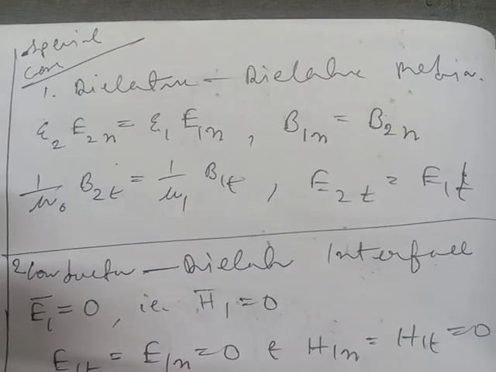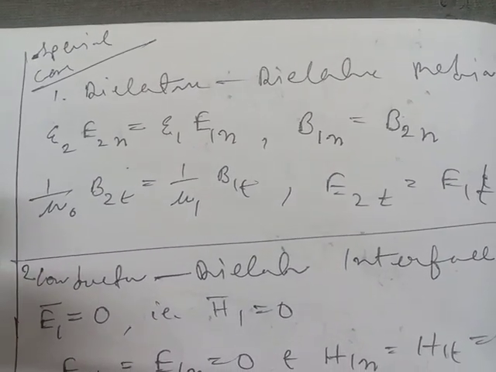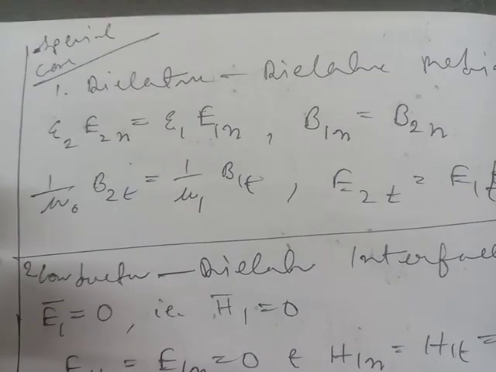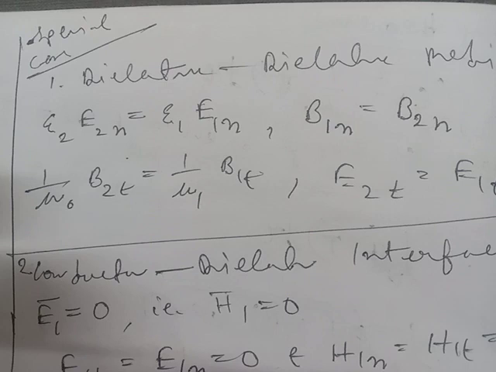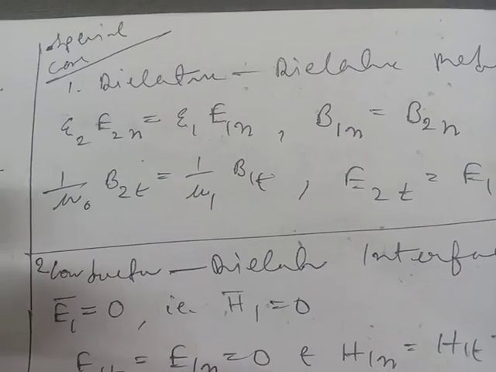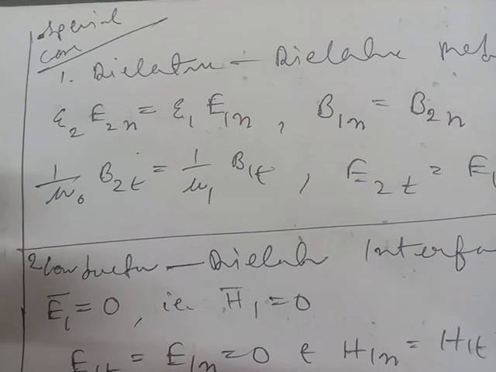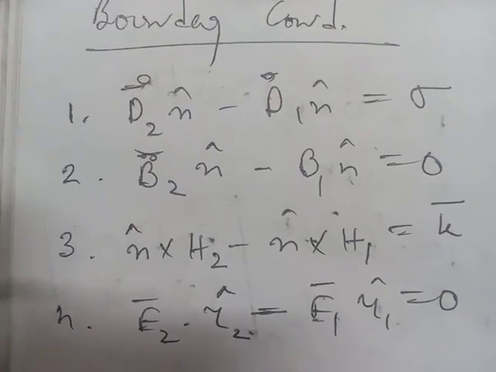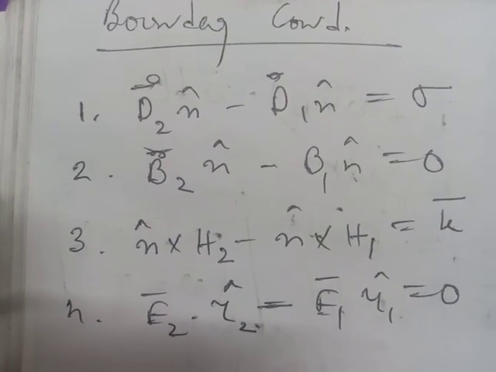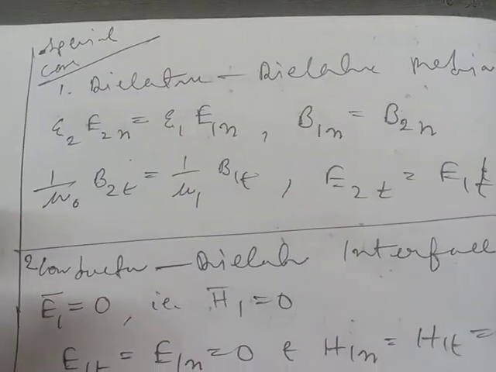If it is a dielectric media, then we know that there is no free charge existing on the surface of dielectrics. So in that case, the normal component of the electric field will be conserved, I mean constant, because there is no surface charge there. But in the previous case, there was a surface charge sigma. For that, equation 1 is different from the dielectric media case.